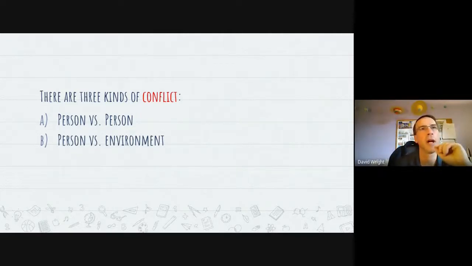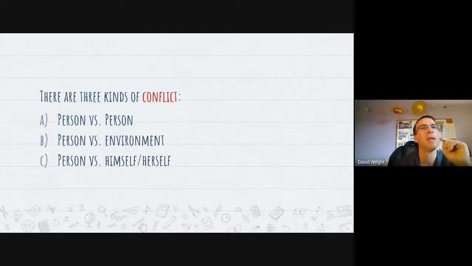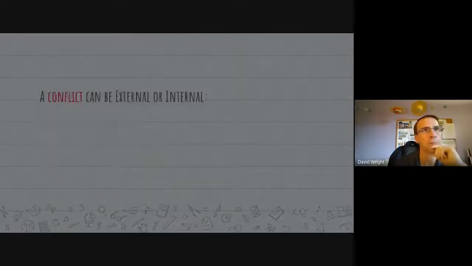There's a third kind of conflict: person versus himself or herself. It may seem that this person is all by themselves, but they have something that bothers them. Maybe they're trying to overcome some problem in their own character, or maybe it's just their view of the world that troubles them. This is called a person versus himself or herself conflict.